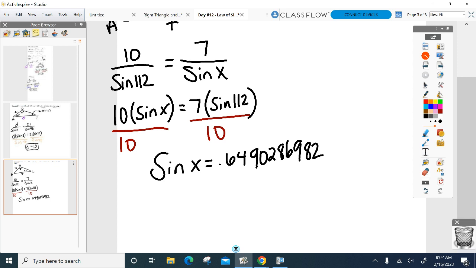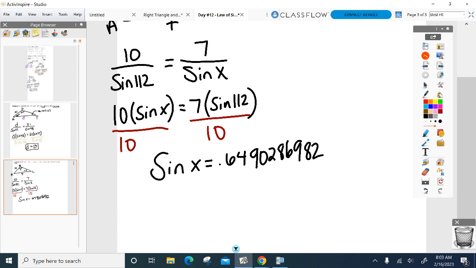That number up here, 0.64, that's not your degree measure. You don't have less than a degree. That's ridiculous, right? You don't have less than 1 degree for the angle. This is the sine of the angle. So going back, how do I go from this to angle x?